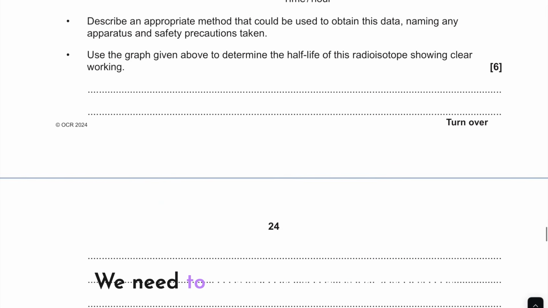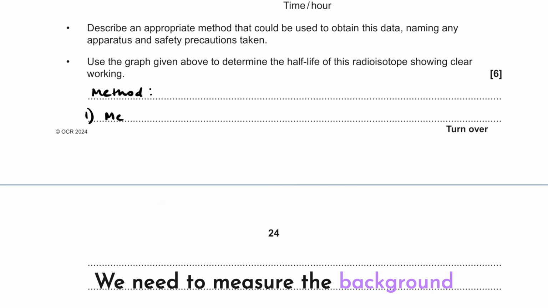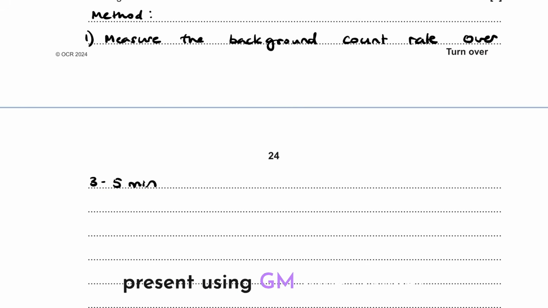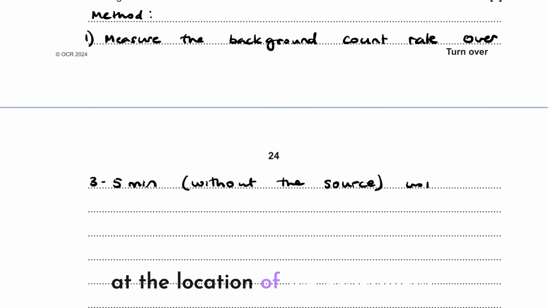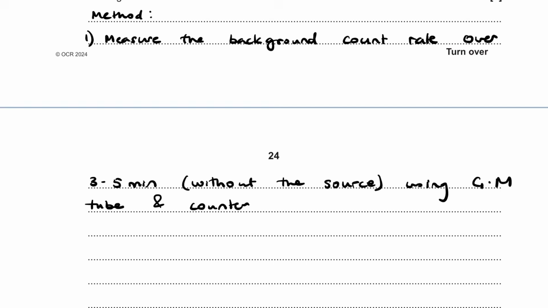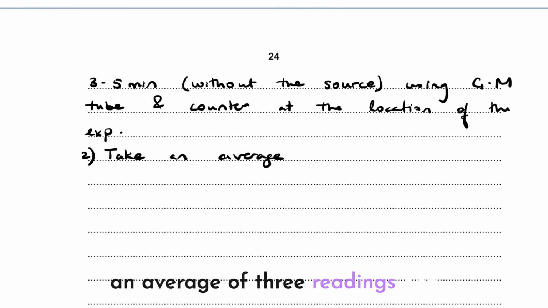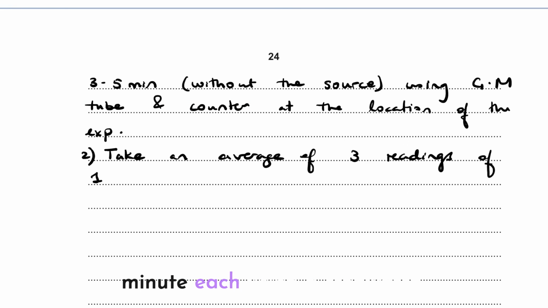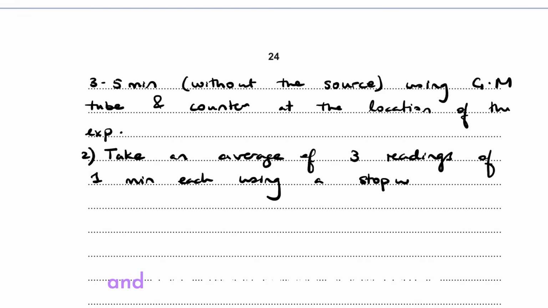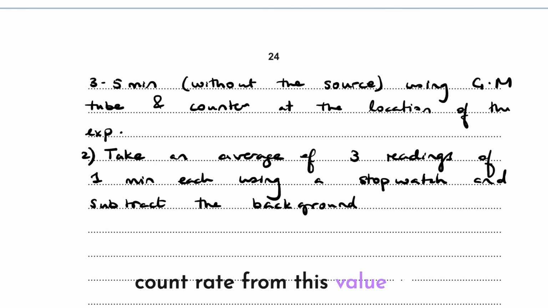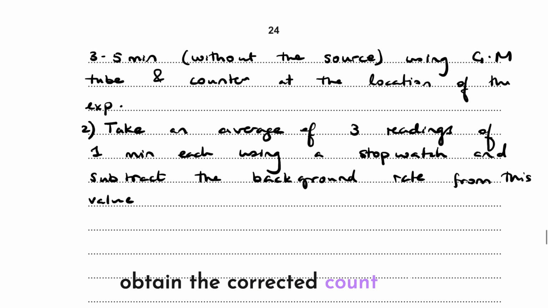We need to measure the background count rate without any source present using a GM tube and counter at the location of the experiment. Number 2 is we have to take an average of 3 readings, 1 minute each, using a stopwatch, and then subtract the background count rate from this value to obtain the corrected count rate.